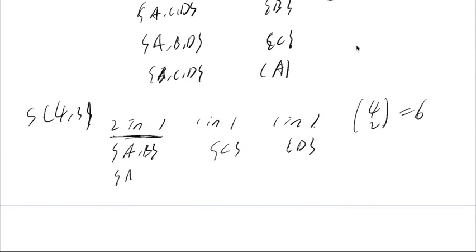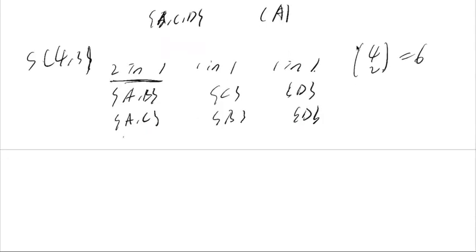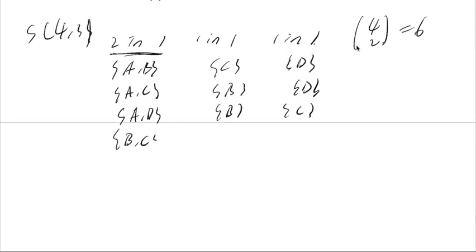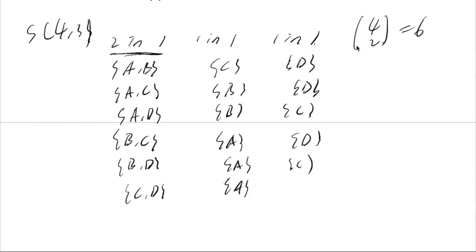We can choose A, C, and let B, D be on their own. We can choose A, D, and let B, C be on their own. And we can choose B, C, and let A, D be on their own. We can choose B, D, and let A, C be on their own. And we can choose C, D, and let A, B be on their own. So in total, we have 6 ways. So S(4, 3) is equal to 6.